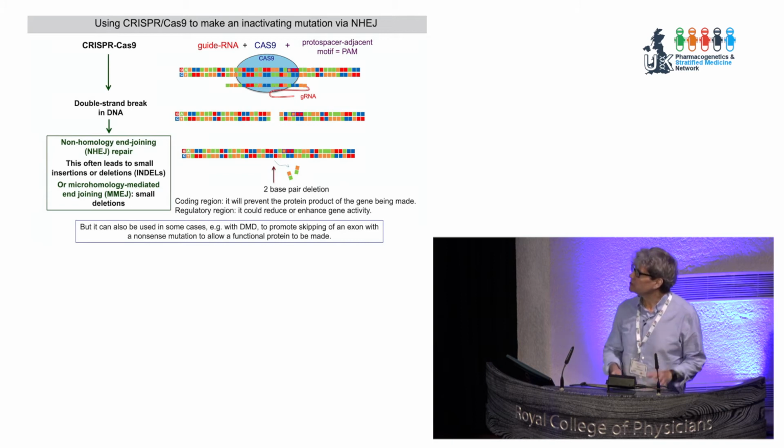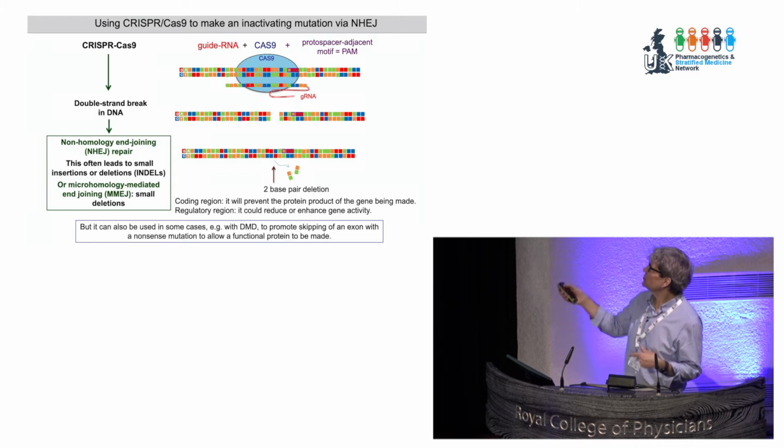Just very briefly, and we don't need to focus on the details, you can use CRISPR-Cas9 just to make an inactivating mutation, as we heard this morning. All these methods rely on DNA repair mechanisms, and in this case it's relying mostly on non-homologous end joining or microhomology-mediated end joining.